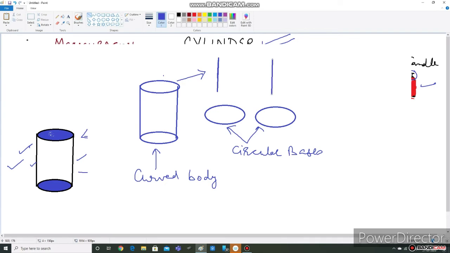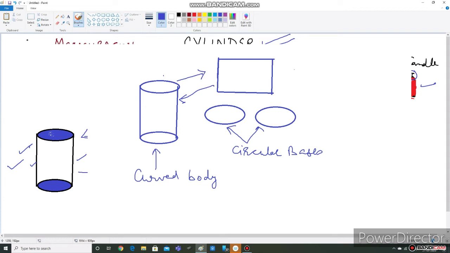What do you see? We will surely get a rectangular part, a rectangle shaped sheet. If I now roll up this sheet, I will surely get back this curved body.